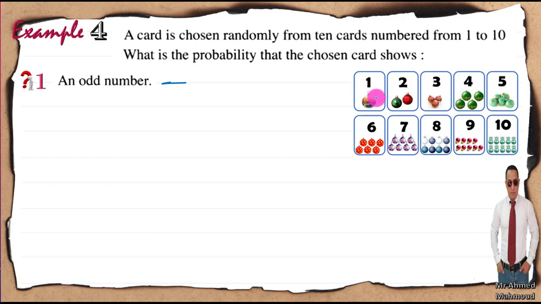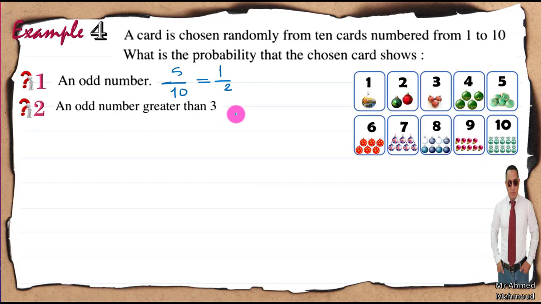They are 5 out of 10, which equals 1 over 2. And an odd number greater than 3? Odd numbers greater than 3 are 5, 7, and 9, which is 3 over 10.